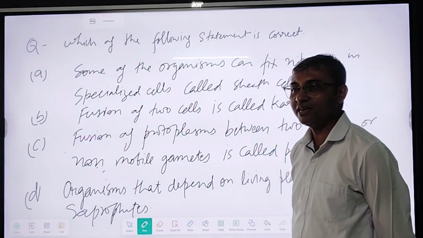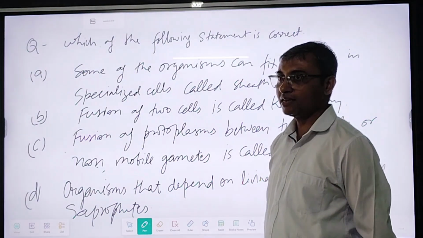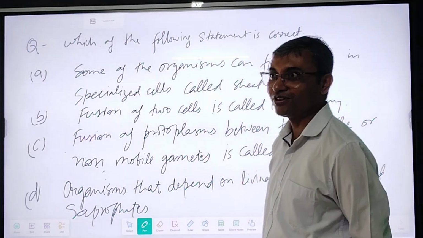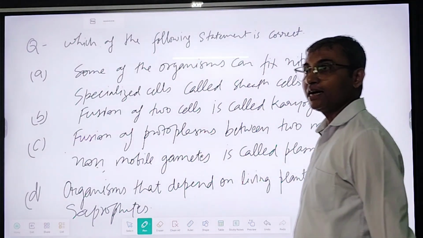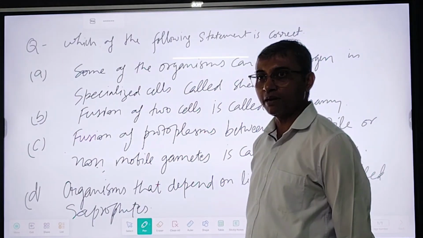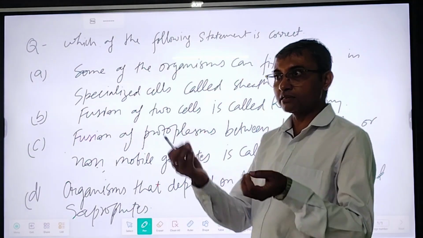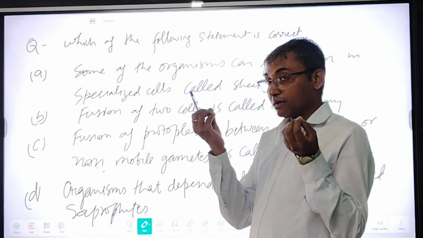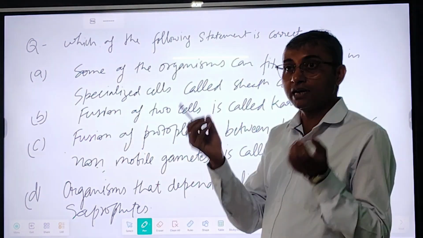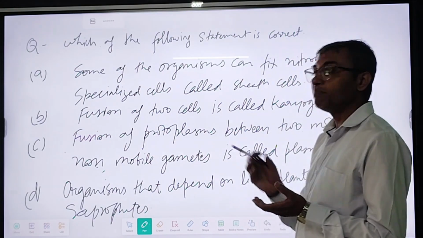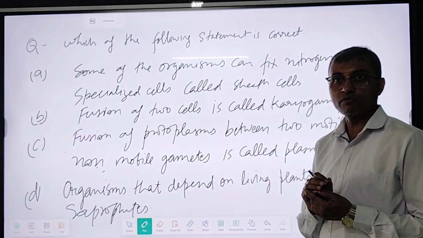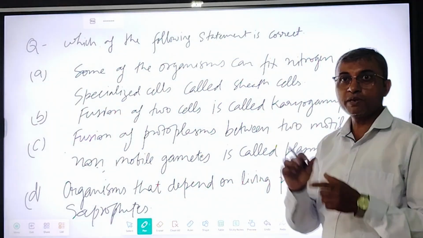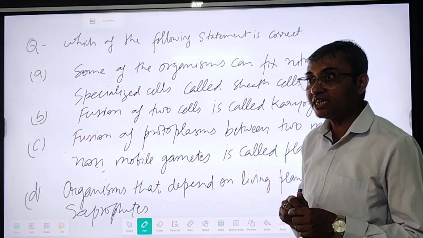Actually, these sheath cells are found in the Kranz anatomy. Do you remember the Kranz anatomy? I think you have forgotten about all those things. In that anatomy, what is happening? There are certain plants found in very hot areas, where less water is available, like maize. So around the vascular bundle there are specialized cells called bundle sheath cells.